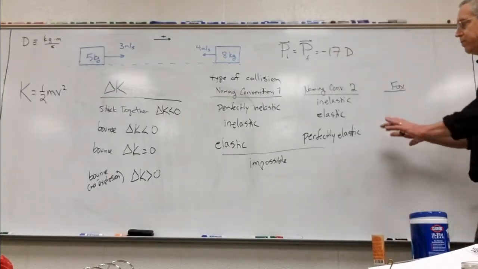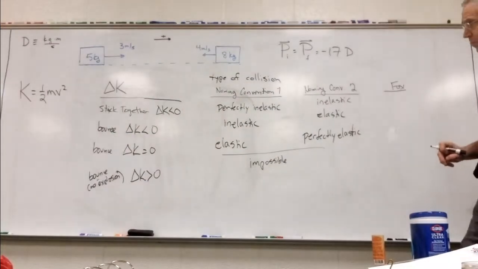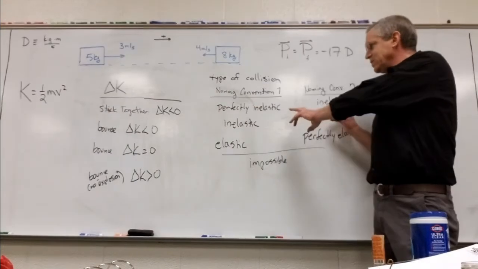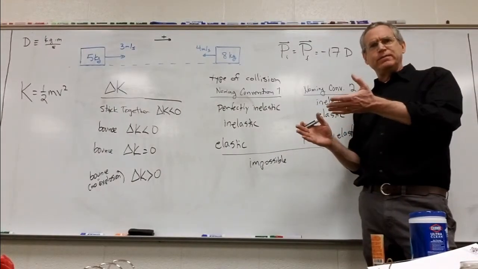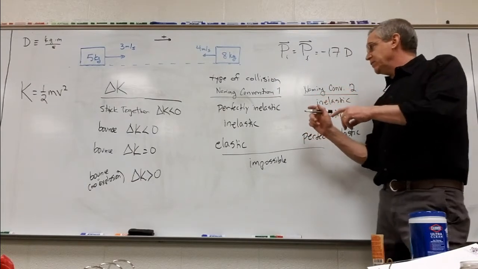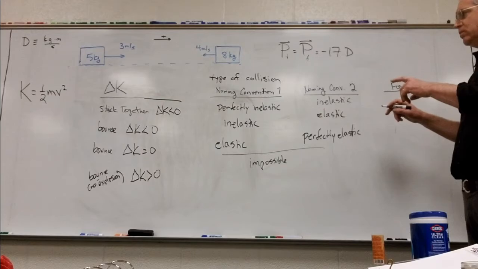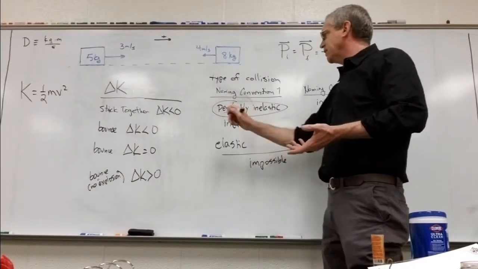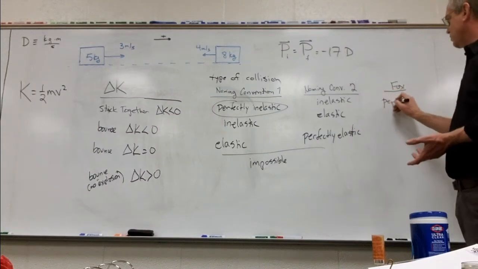All right, so my naming convention here. If they stick together, because the words elastic and inelastic have become sort of tricky here, I go for the ones that are not ambiguous. I go for perfectly inelastic. So the Fox naming is I use perfectly inelastic.